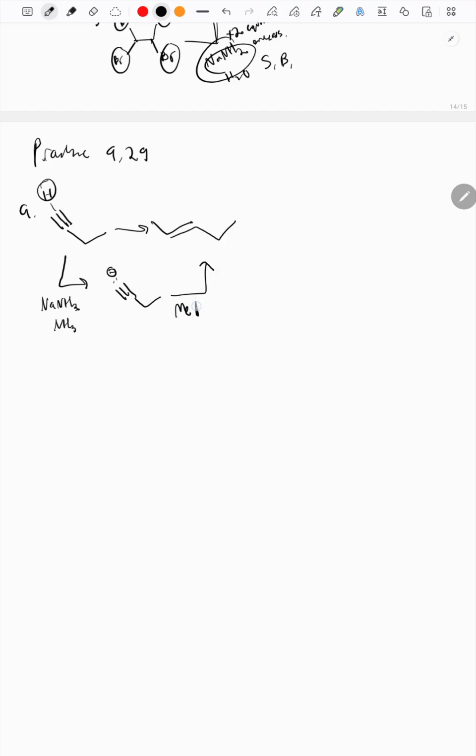MeI. Okay, I didn't explain this. What does I stand for? It's a good leaving group. We learned earlier in the chapter, good leaving groups. And if we do good leaving groups, basically what it looks like is this will attack the carbon in between, and the electrons will go onto the good leaving group, the weak, stable base.